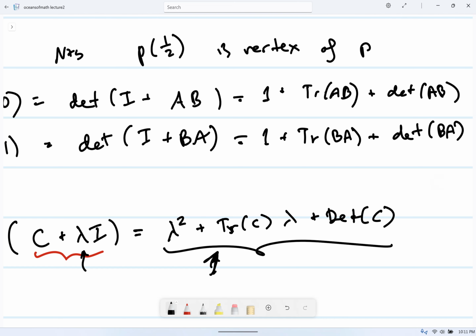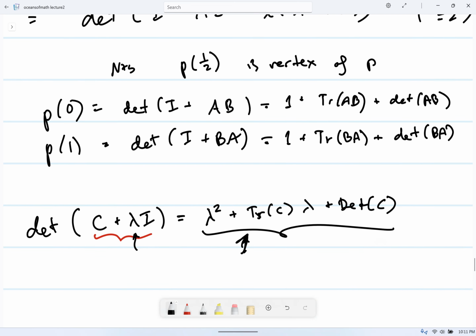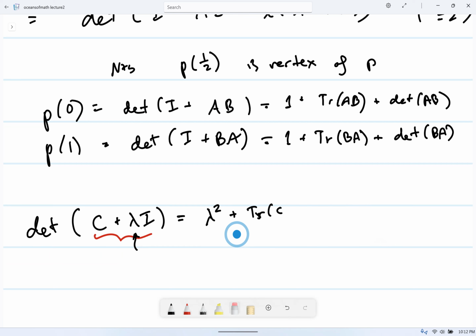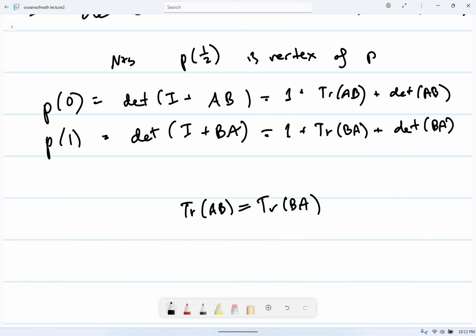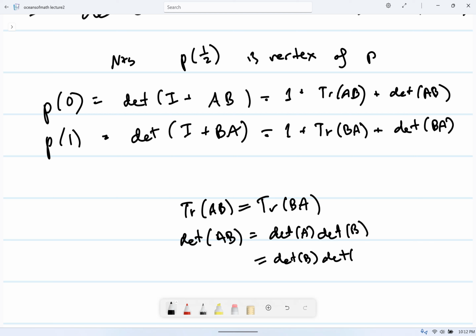Okay? And so it turns out that it's a general fact about matrices that the trace commutes inside of its argument. So trace of AB is equal to trace of BA. And also, the determinant more obviously commutes because determinant of AB is equal to determinant of A times determinant of B, which is determinant of B times determinant of A, which is determinant of BA.